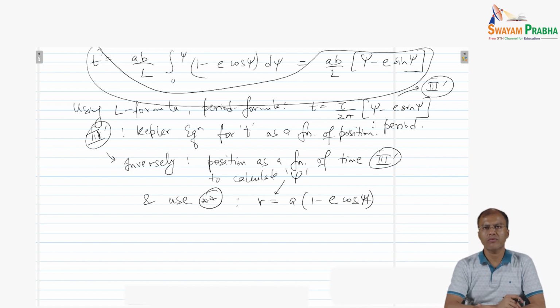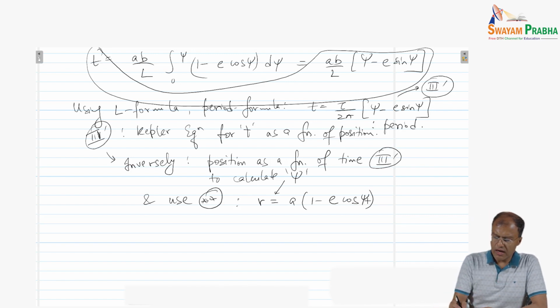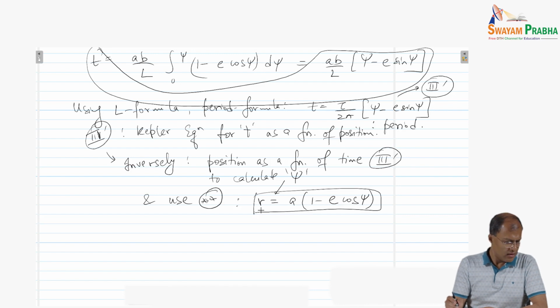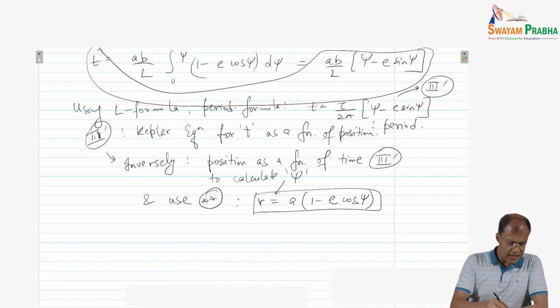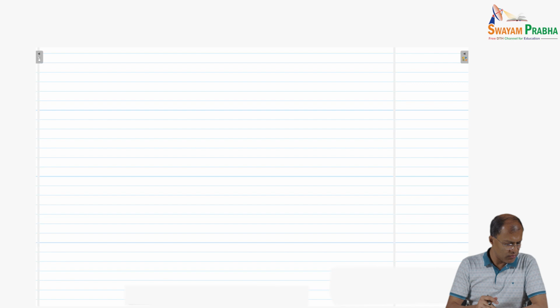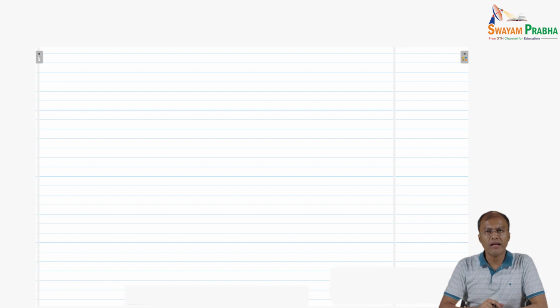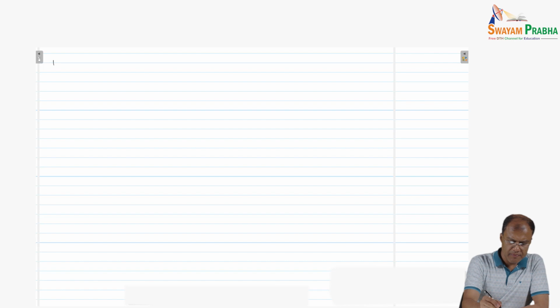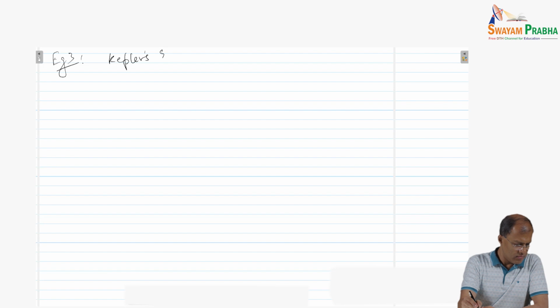Double star, and of course the equation of the ellipse, to find that r is this quantity, right? So that is what we have. Okay, so then let us look at Kepler's equation. Let us look at an example of the application of this equation. Kepler's equation to find time.